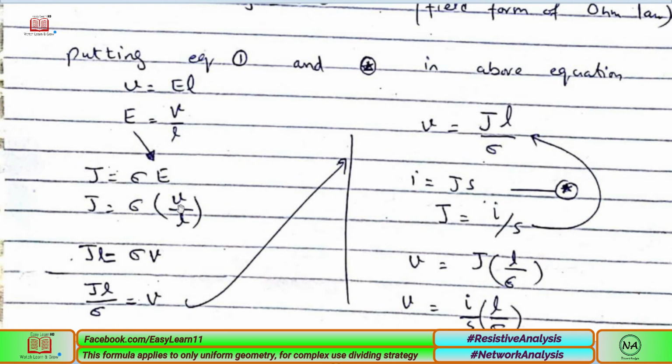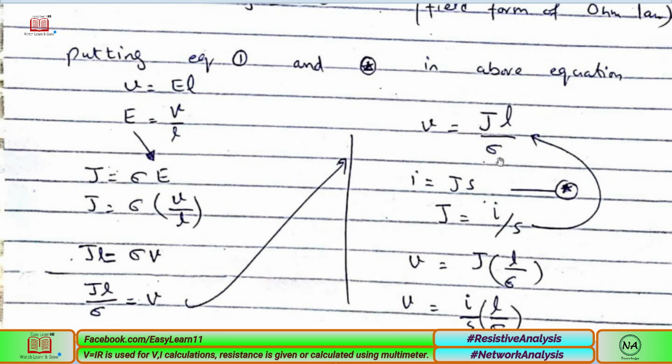All we need to do is move the length L and the conductivity sigma to the other side. When L goes to the other side it goes in the denominator, giving JL equals sigma V. Now sigma goes to the other side, and it becomes V equals JL over sigma. This is the first thing, V equals JL over sigma.